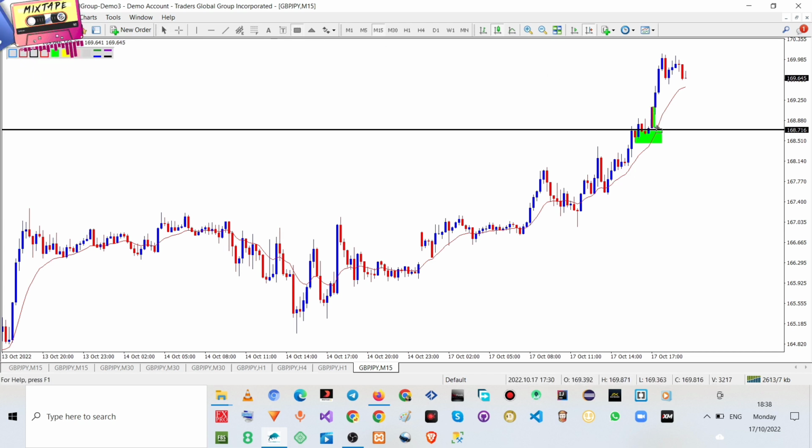Entries would have been from this area, going in for 30-60 pips, depending on what you would want, or it would have been this area right here, depending on what one wants.